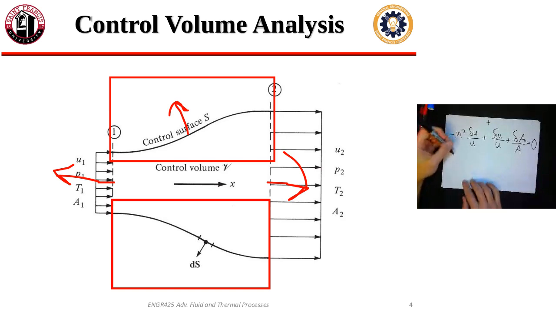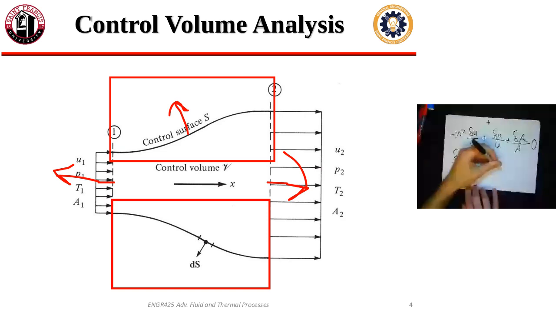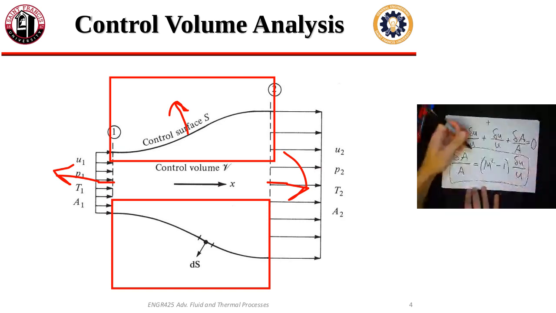So if I just solve this puppy down, I can get something that looks like that. This is what's called our area Mach number relation.